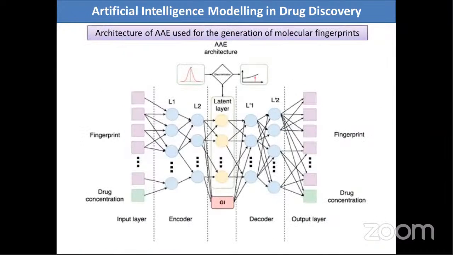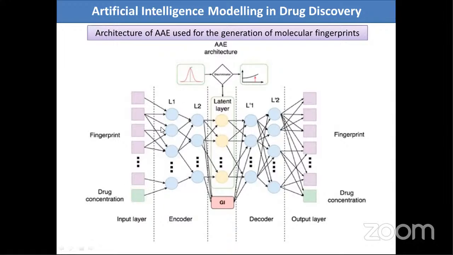When we go for this evaluation or interpretation, we can easily determine the concentration of the molecule also. For determining the concentration of the molecule, this is the architecture. This architecture includes the fingerprint of the molecule, which estimates the drug concentration. This is the input, a fingerprint, and that estimates how much the concentration of the molecule is.